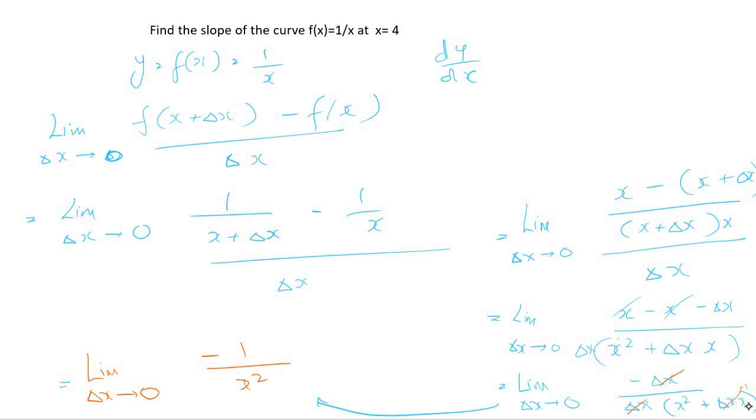So in other words, we will write this again over here. When f(x) equals y equals 1 over x, dy over dx is equal to minus 1 over x squared.